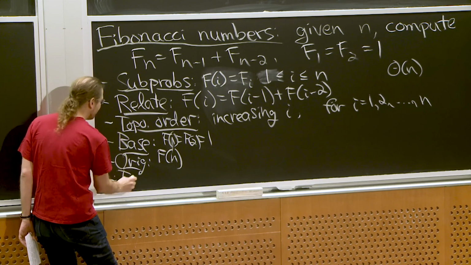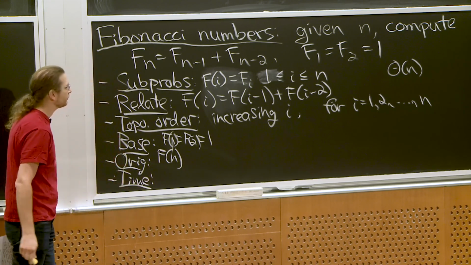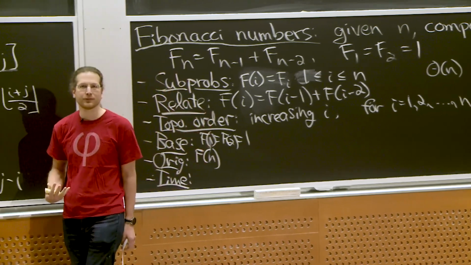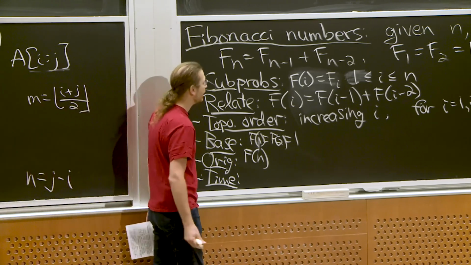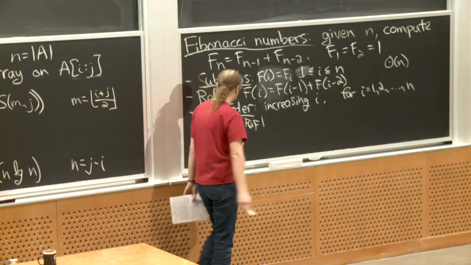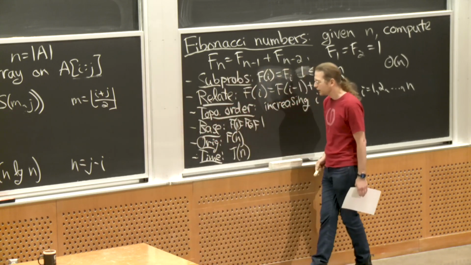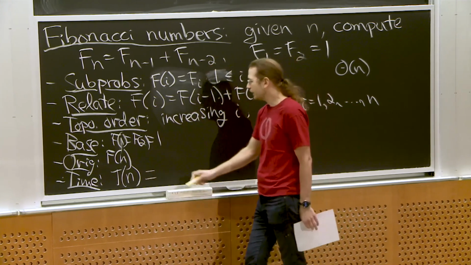And the time, all right, here's where things get interesting or bad. So what is the running time of this recursive algorithm? As I've stated it so far, the running time is given by a recurrence. Let's write the recurrence. So in order to compute f of n, I recursively compute f of n minus 1.